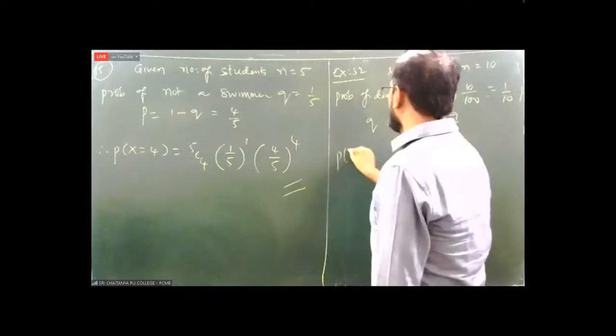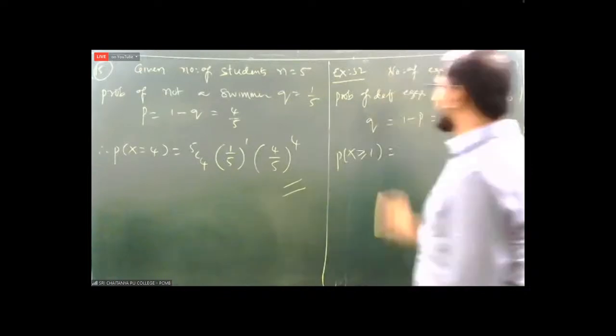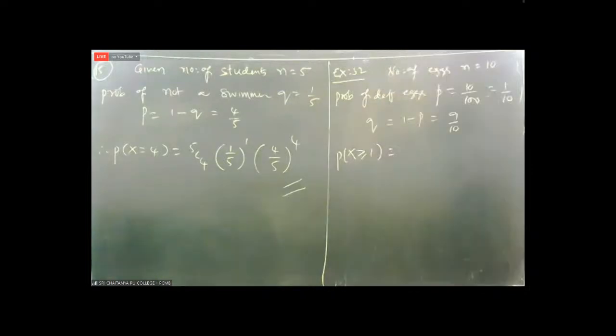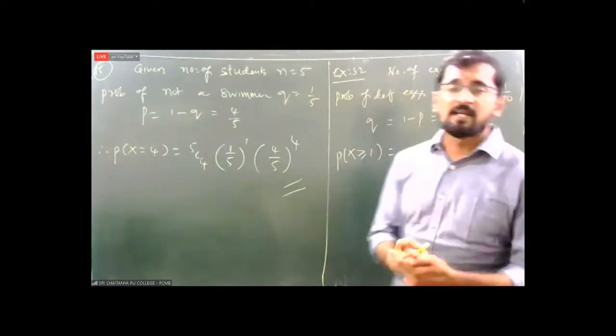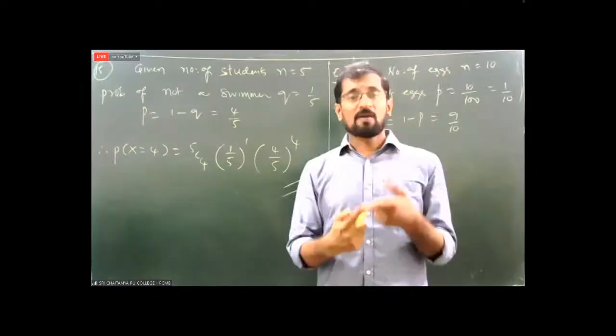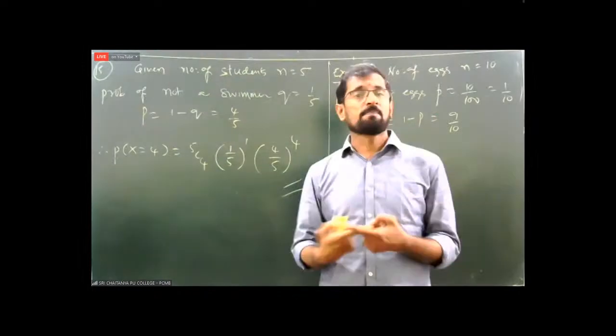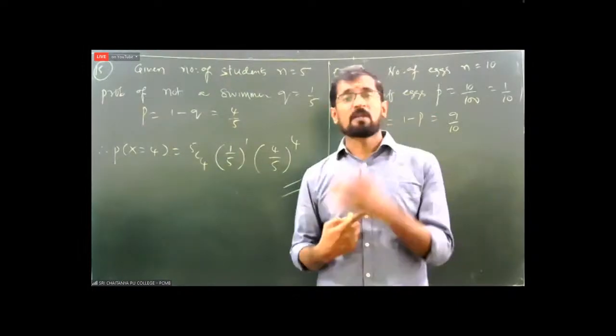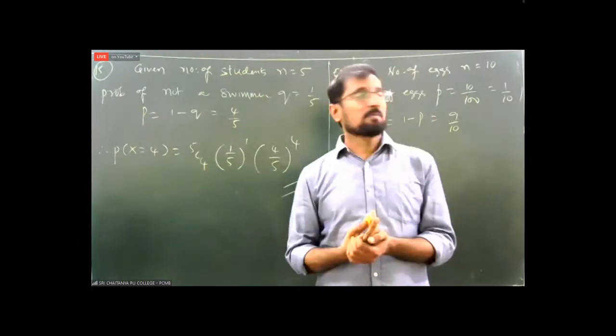Therefore, P of X greater than or equal to 1, at least 1 is defective. X greater than or equal to 1 means 1 plus 2 plus 3 plus 4 and so on up to 10 you should do. So the problem becomes very lengthy.